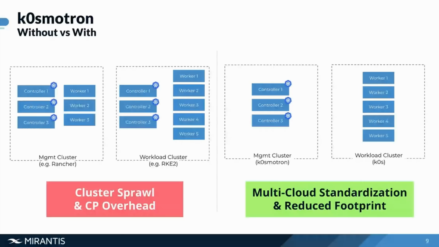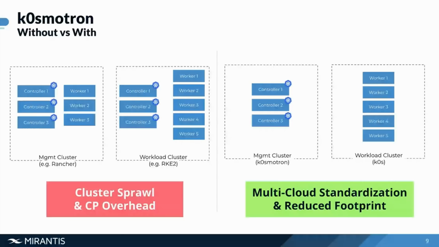And what k0smotron wants to address here is a broader range of scenarios, edge computing, multi-cloud, hybridation, really offering the way to have almost a fully portable Kubernetes platform that you can move from one end to another.